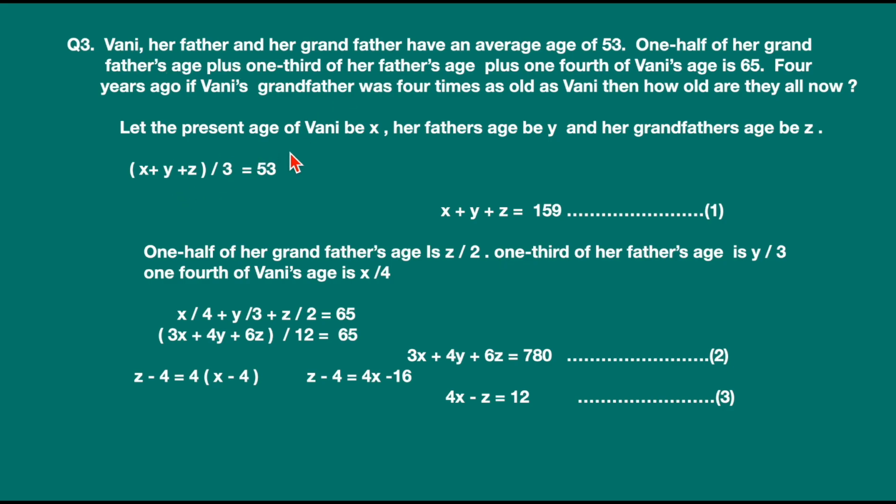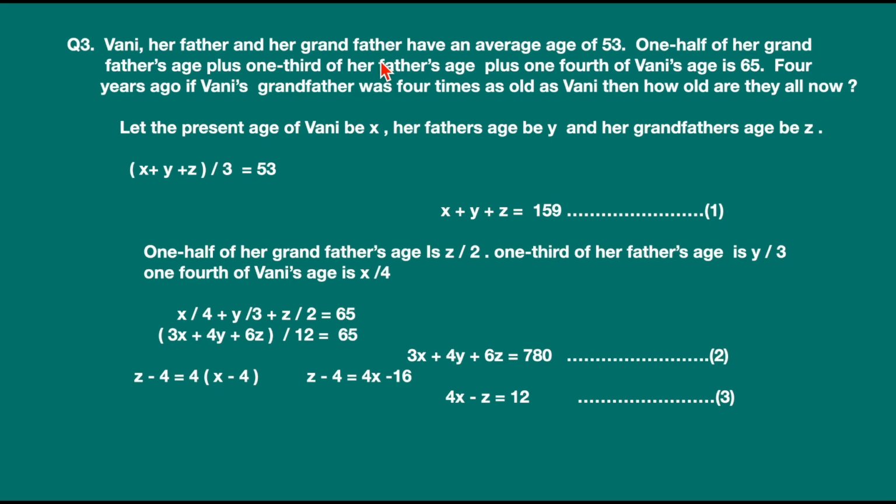So let the present age of Vani be X, her father's age be Y and grandfather's age be Z. So we have to find the values of X, Y and Z. These are variables, so we will need 3 equations with these variables. Let us first write down the first equation.